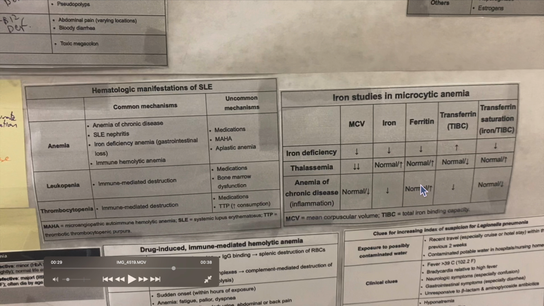So ferritin is where it hides it, either in the lymph nodes or WBCs or whatever, right? Macrophages.